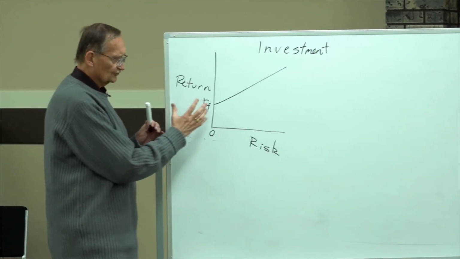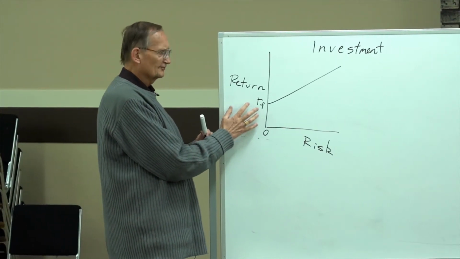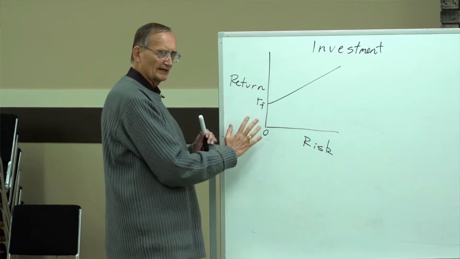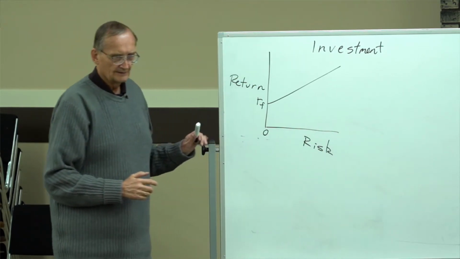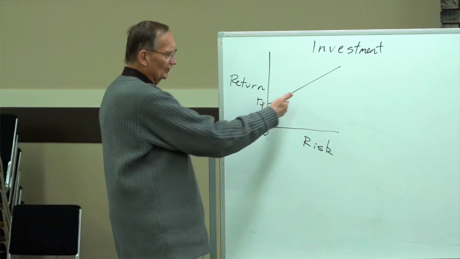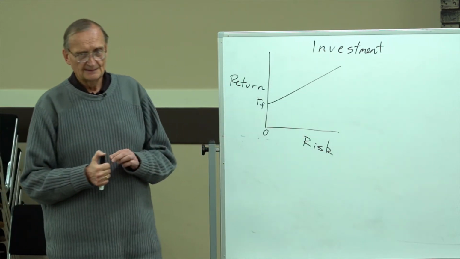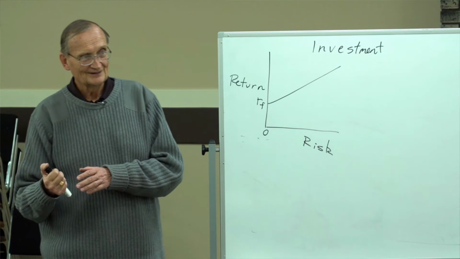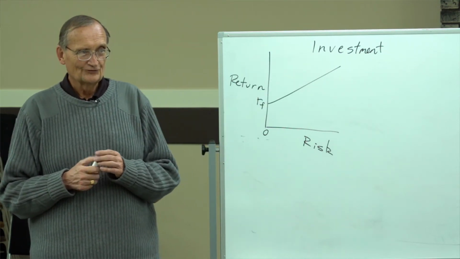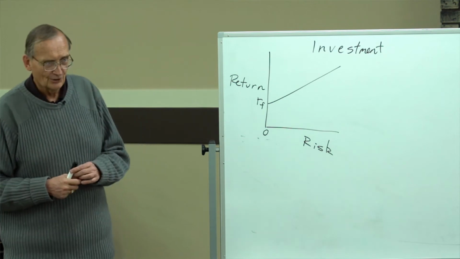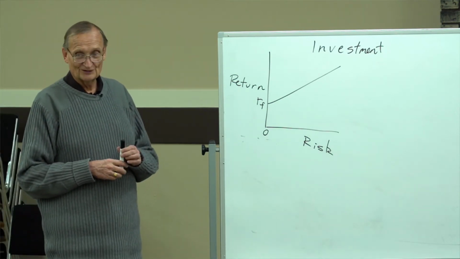So here we have return. So it would be 5%, 6%, 20%, whatever, going up this way. And here's risk. So the first thing you note when you look at that line is the greater the risk, the higher the return. So if I buy a Government of Canada bond, has that got a lot of risk?